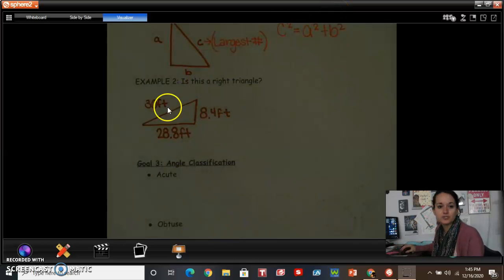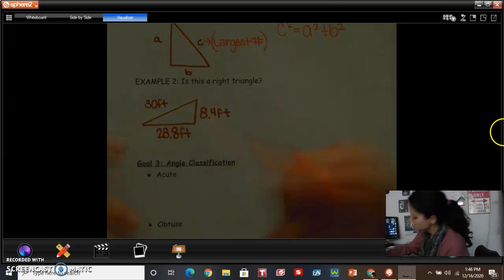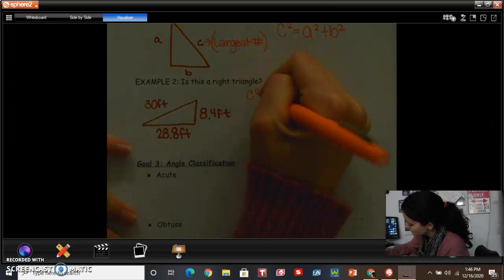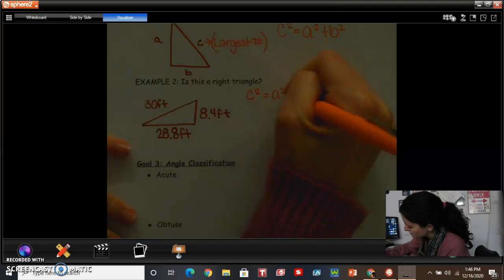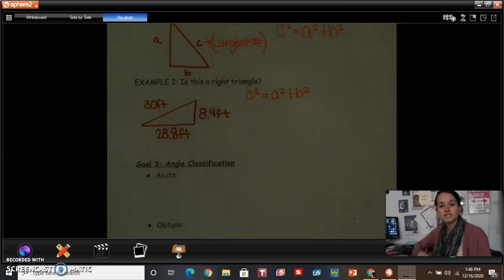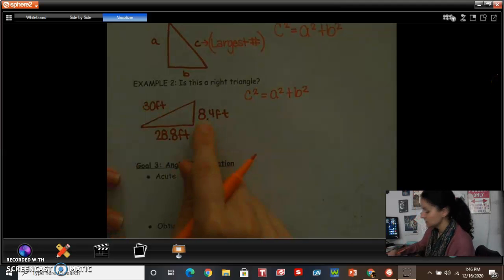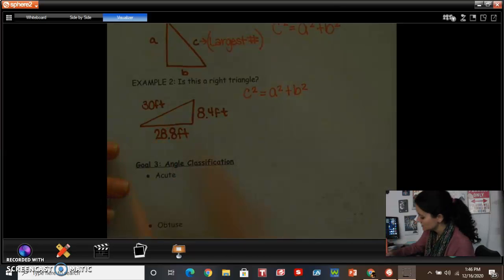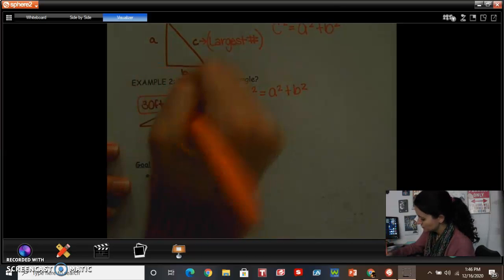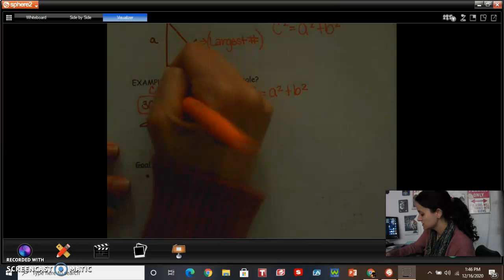Looking at example 2 here. We're still going to use C squared equals A squared plus B squared. And again, the most important thing is identifying C. C is going to be the largest side. So we have 30 feet, 8.4 feet, and 28.8 feet. This right here, 30, will be C because it is the longest side.